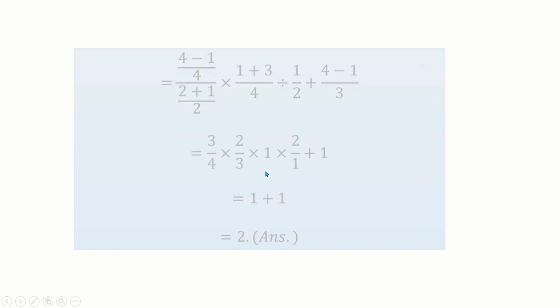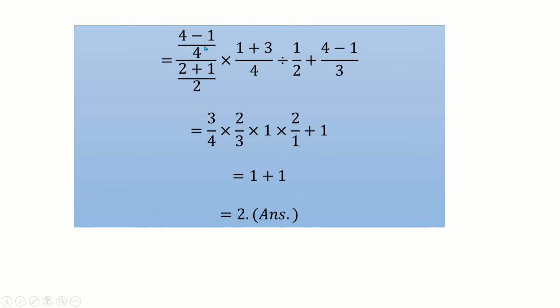Okay, now calculation. LCM 4, 4 minus 1, LCM 2, 2 plus 1 divided by 2, and here 1 plus 3 by 4. 1 plus 3 means 4, 4 by 4 means 1, and here will be 3 by 4. After calculating this, the numerator will become the denominator, that means 3 will be the denominator and 2 will be the numerator, and half, here is half, but we have written 2 by 1.